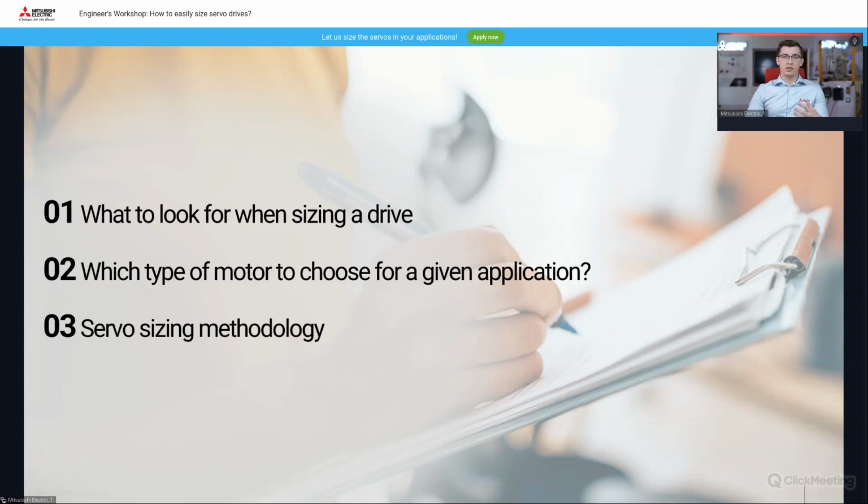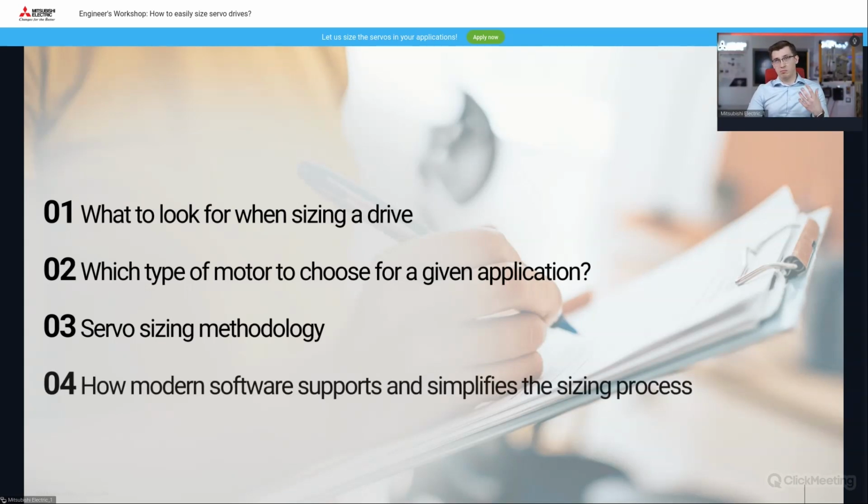Then we will go to the servo sizing methodology. I will also tell you about the DC common bus systems in the servo drives, what they are, why it is sometimes good to use them, multi-axis amplifiers, for example, and of course, what advantages they bring to the application.